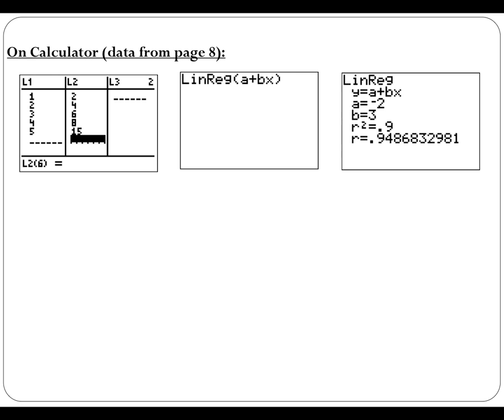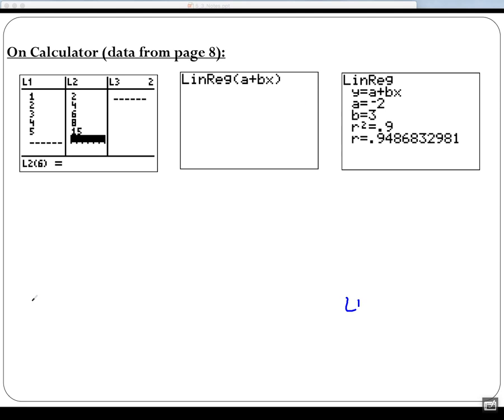Why do we keep putting the L1 and L2 thing? Because when I do it just like this, the same thing pops up. Yeah, so I was not 100% truthful with you all. If you put in lin reg, it'll do it for you. The reason that I have you put in L1 and L2 is it specifies to the calculator what your input and your output are.